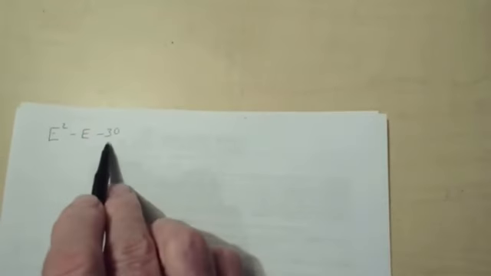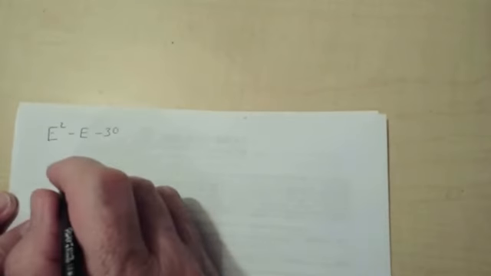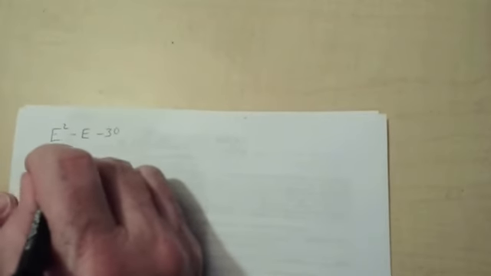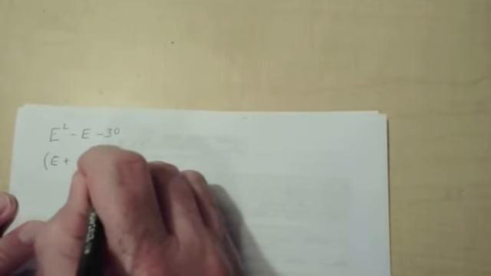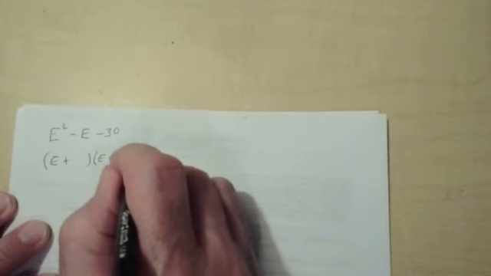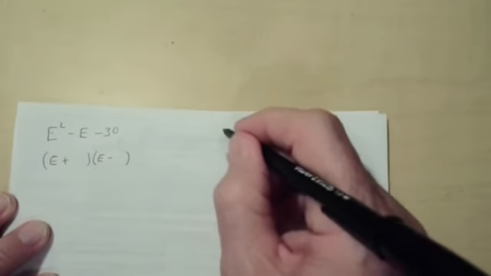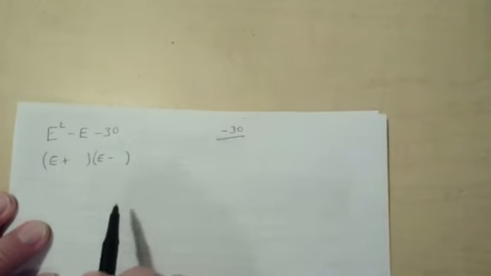Okay, now if the constant's negative, remember the last thing we do is multiply the two constants together. So one of them has to be positive and the other one has to be negative. So we want the factors of negative 30 that combine together.